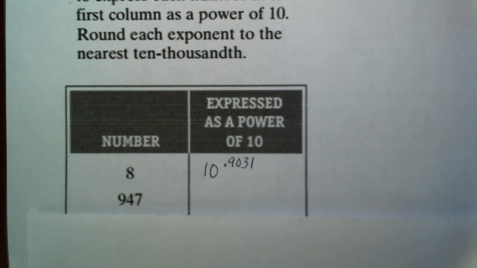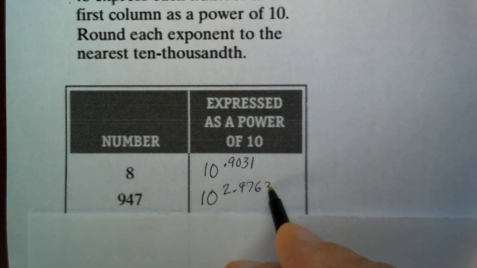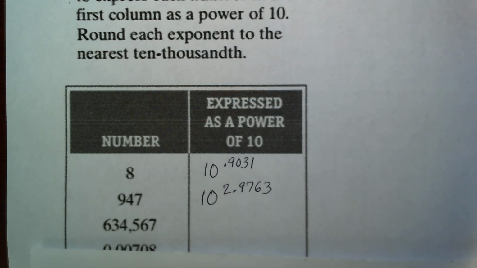So the logarithm of 947 is 2.9763. So it would be 10 to the 2.9763. And in a similar way, we complete the table also with the other numbers.